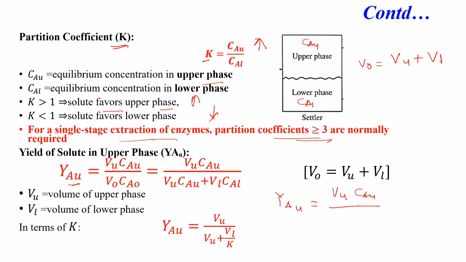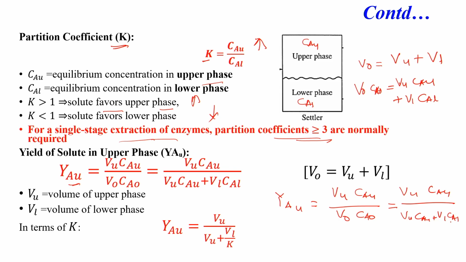CaU, divided by the total volume initially, Vo, and concentration CaO. Now, Vo CaO can be written as Vu CaU plus Vl CaL. So, it can be written as Vu CaU divided by Vu CaU plus Vl CaL.